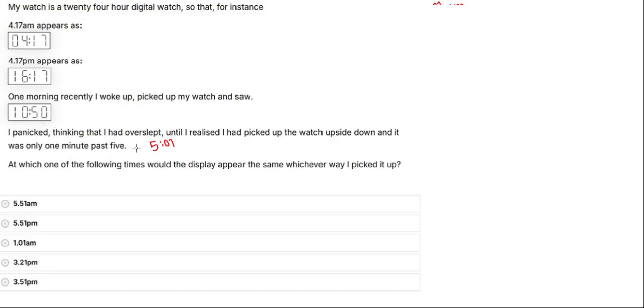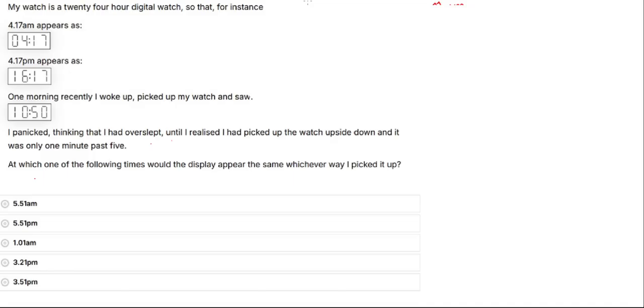From this, the question says: at which of the following times would the display appear the same whichever way I picked it up? So now we have to note down the main key points about the 24-hour digital clock.